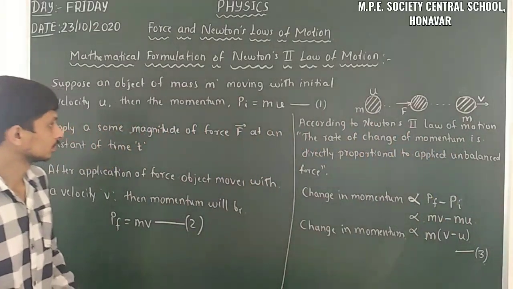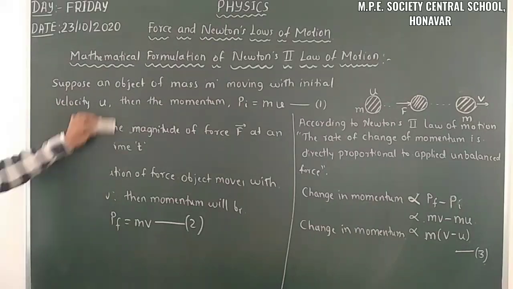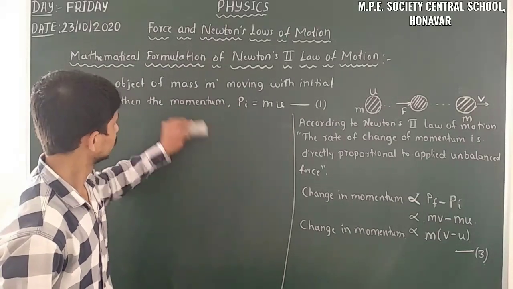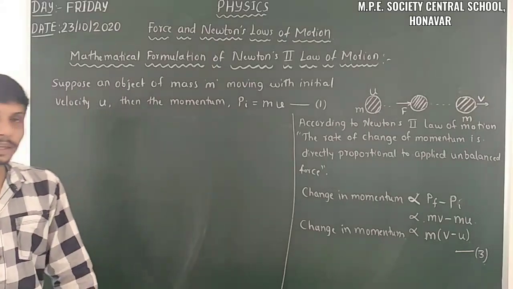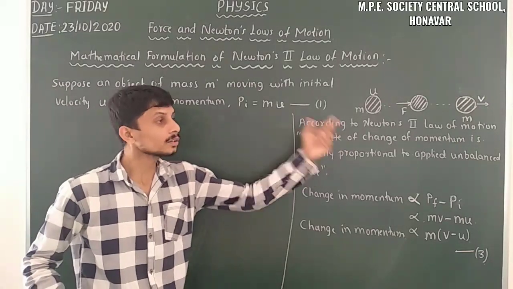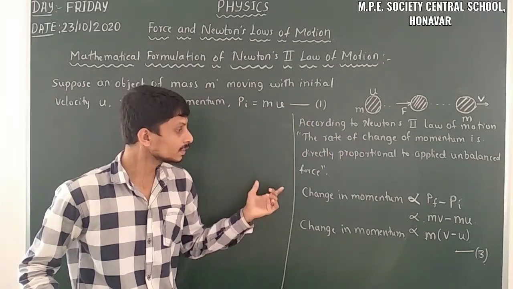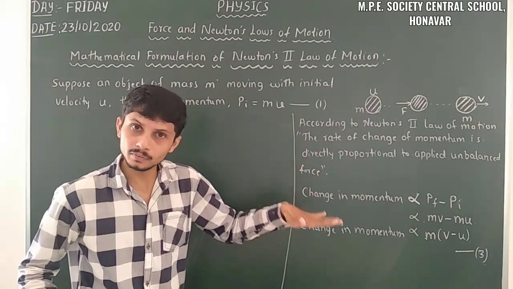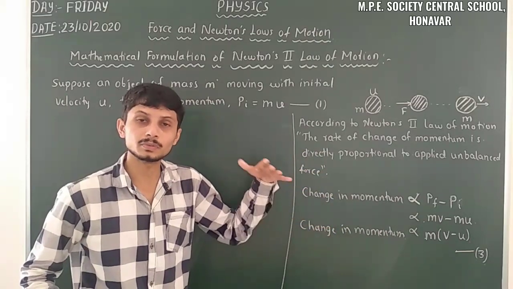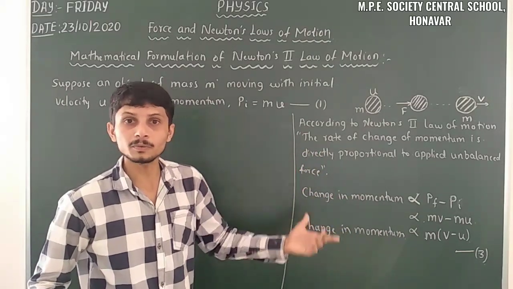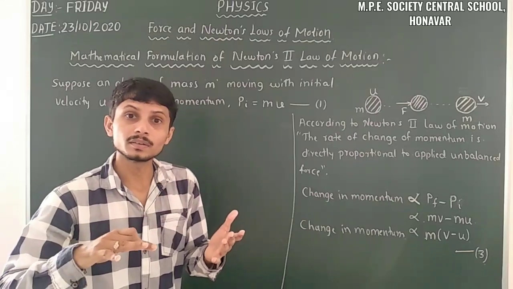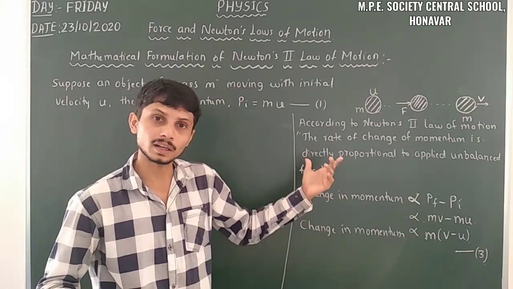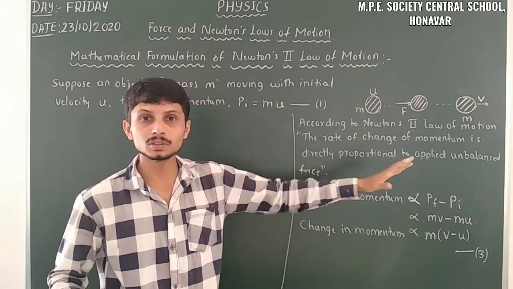Yes. Then we want the rate of change of momentum. When we take the rate, we divide by t. Whenever we divide any parameter or formula by t, we consider it the rate of change of that quantity.